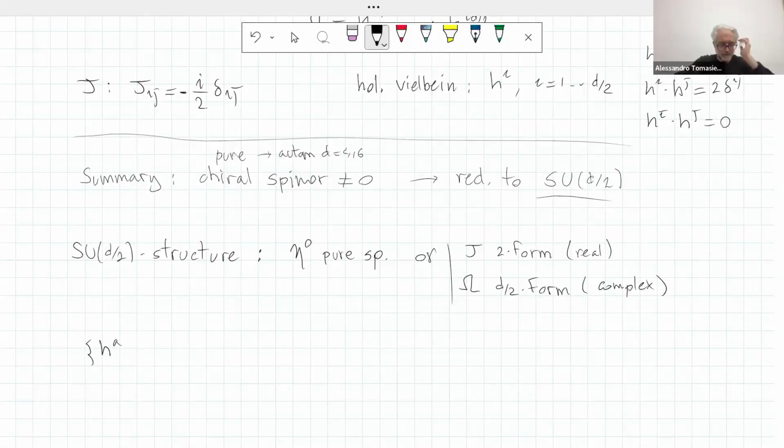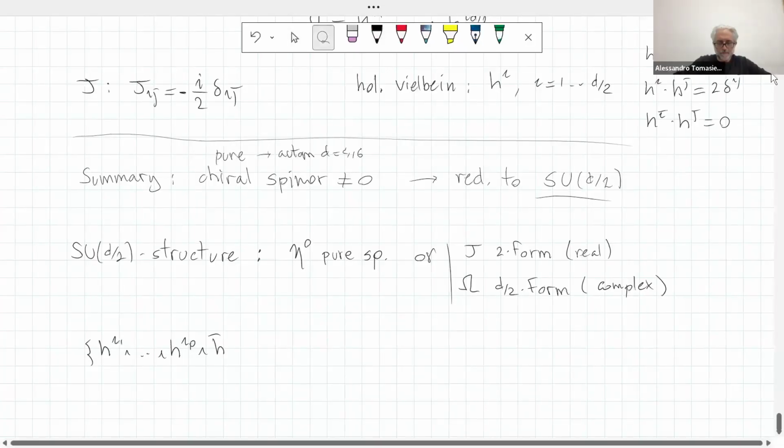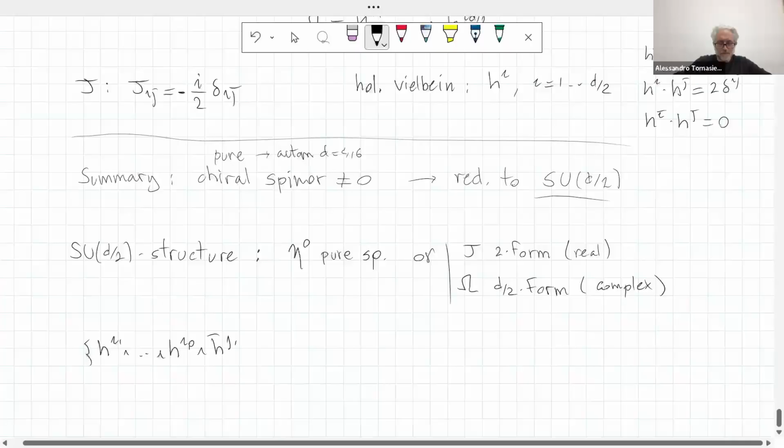have P holomorphic indices and Q anti-holomorphic ones.